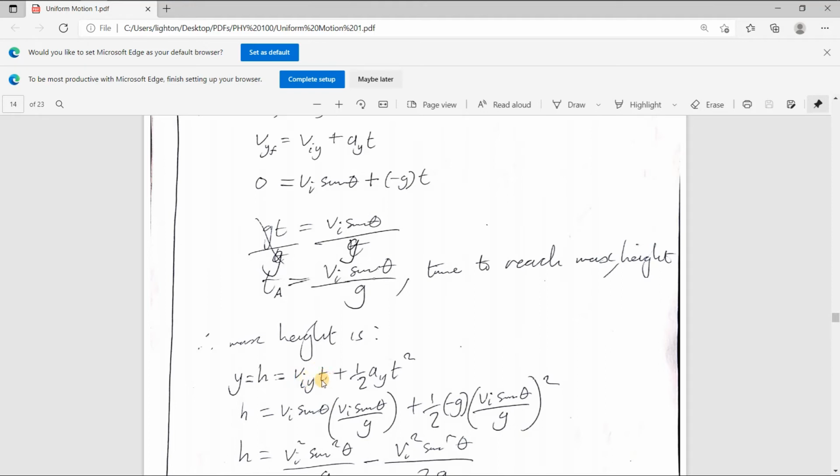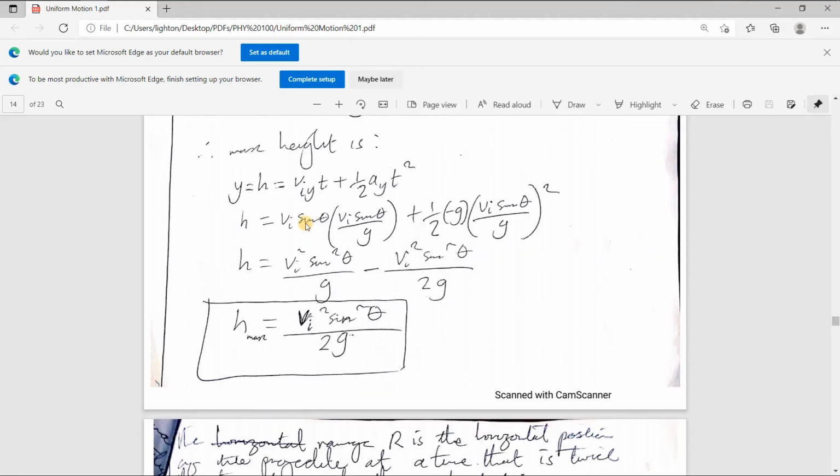This is the time now to reach maximum height, which we found here as t at A. Point A is the maximum height, which is what we've substituted for time in this part of the equation. Plus half Ay, which is negative g, gravity, so plus half times minus g. Now t squared is just this time again, which comes back here and we square it.